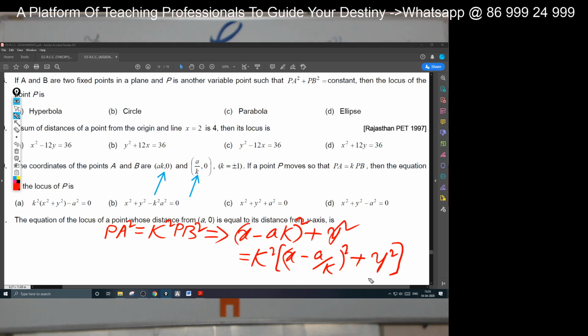I'm not going to simplify this. Samegar, please respond. Is it visible or not?